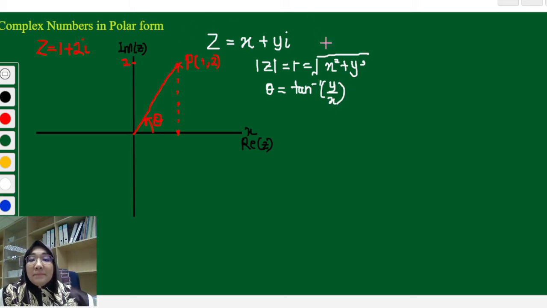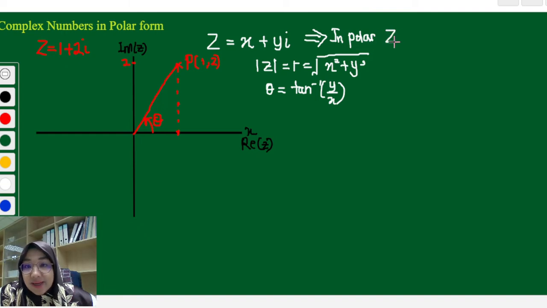So from Cartesian coordinate, you can convert it or transform it into polar coordinate. So bila you transform it into polar coordinate, so you have equation in polar, iaitu z equal to r, the modulus of complex numbers, multiply with cos theta plus i sin theta.